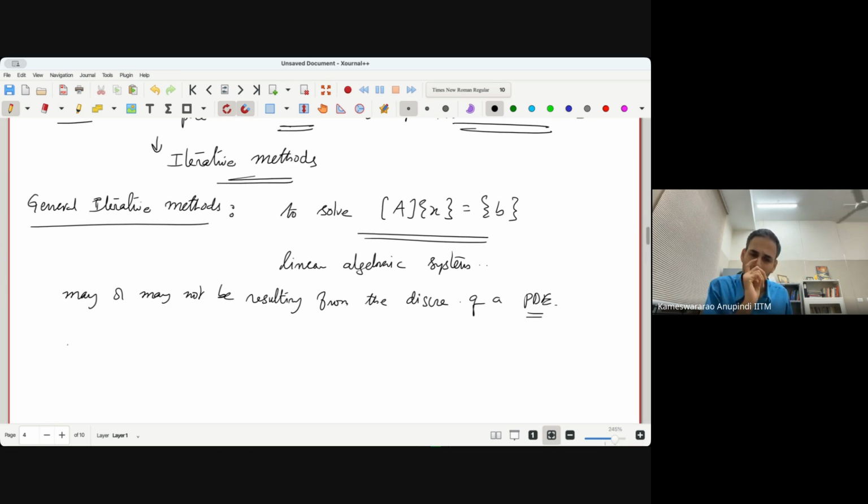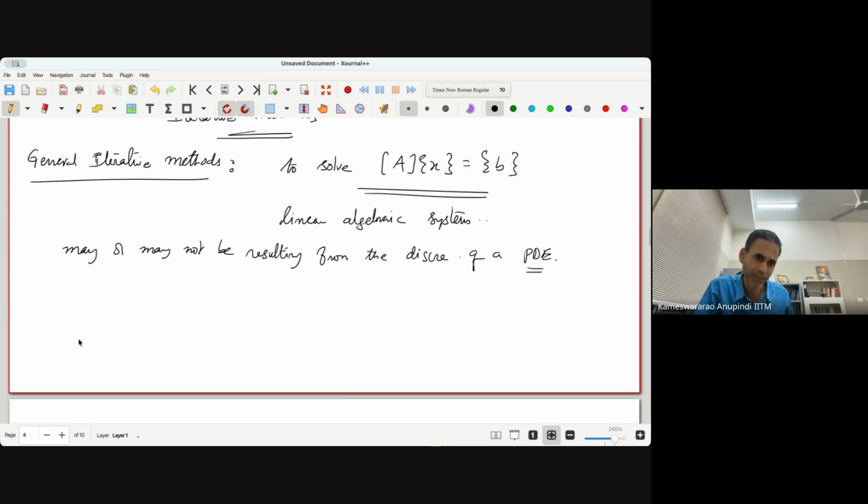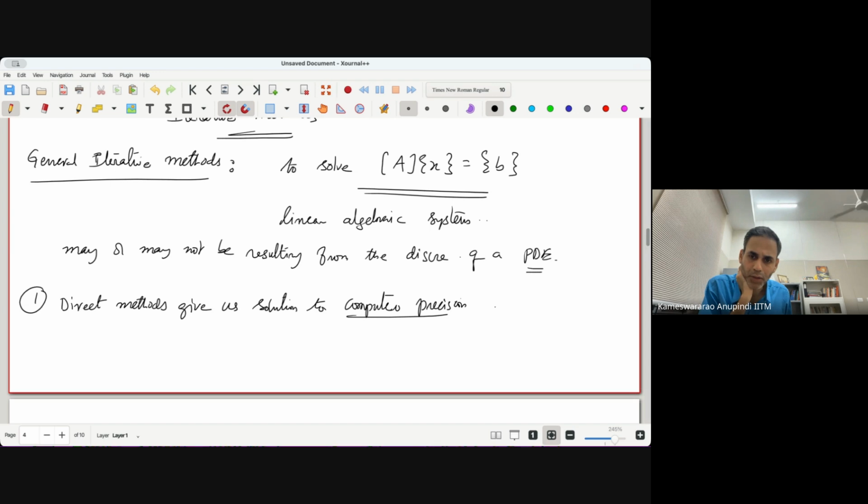Now let us try to motivate how the general iterative methods work, and why they are better than the direct methods for large systems. In the case of direct methods, they give you a solution to computer precision, or the round-off error that is there.